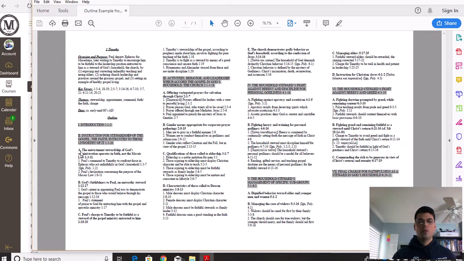What this forces you to do is your Roman numeral 1 will be a large unit of thought that ties together. In this case, only 2 verses for Roman numeral 1, but Roman numeral 2, 1, 3 to 20.